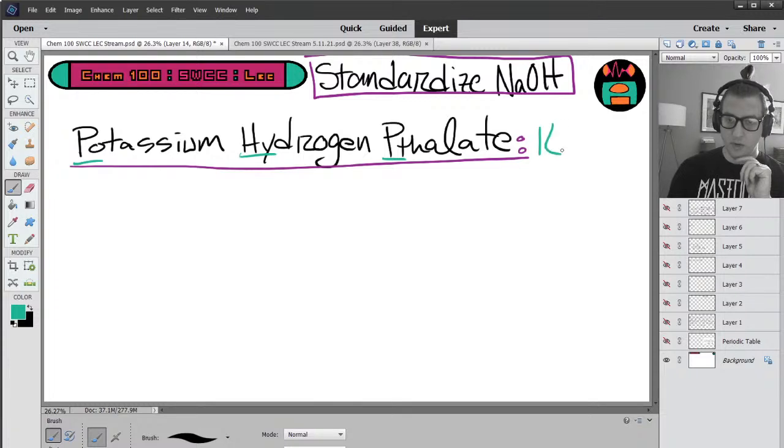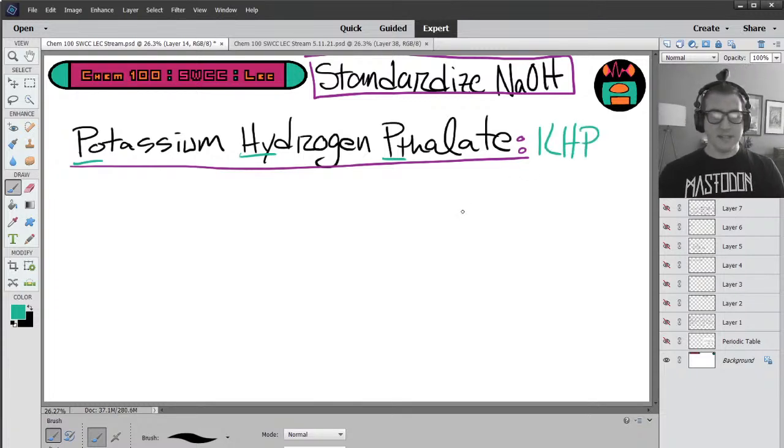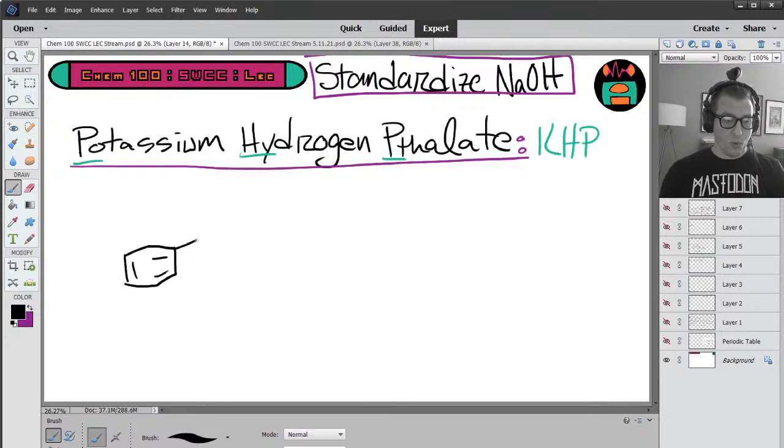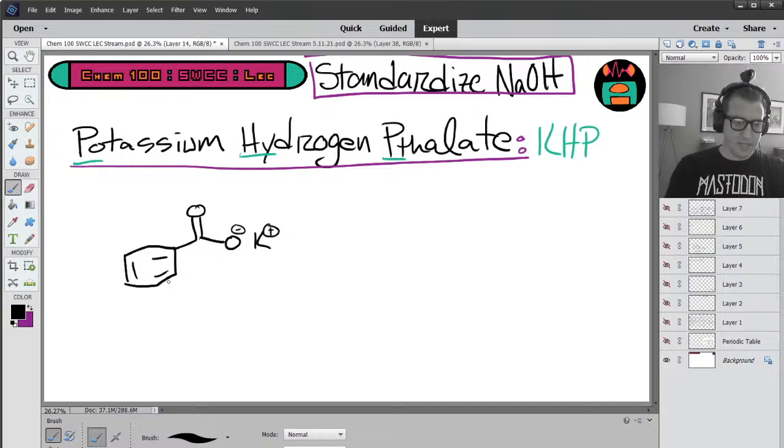You're like, wait a minute, what KHP? Yes, because potassium has the chemical elemental symbol K. All right, so this molecule, potassium hydrogen phthalate, looks like this. It's a big organic molecule. Excuse me, I'm so sorry. There's the potassium cation.